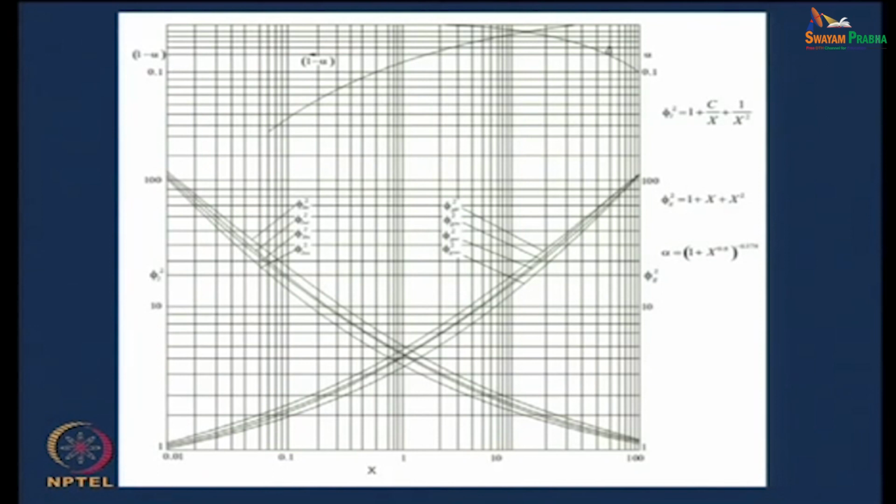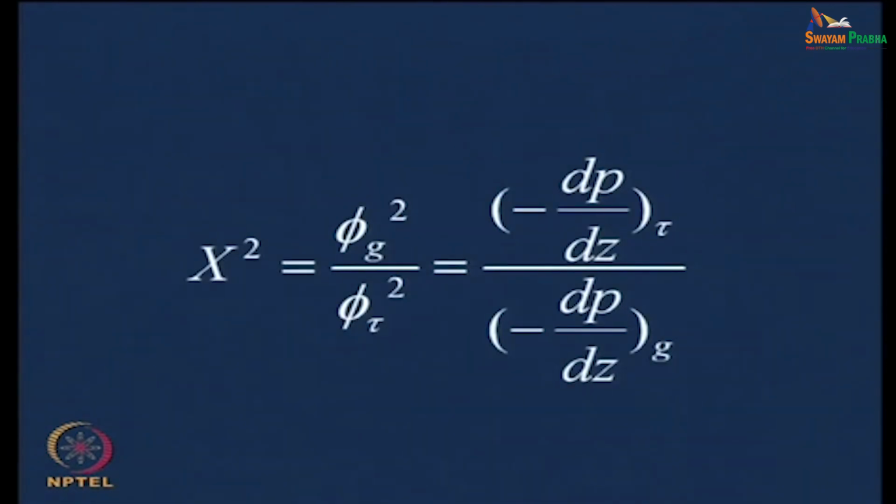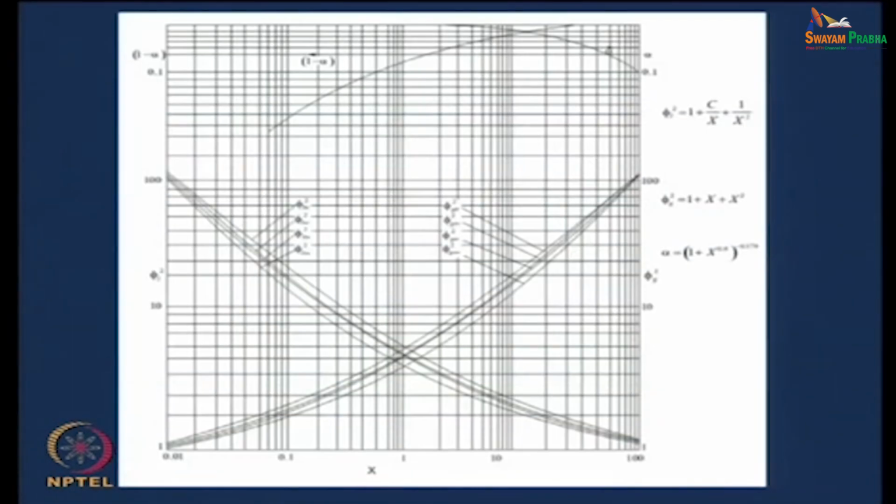But the only thing which we have to remember is that a number of workers have also found out that the two phase frictional multipliers, phi L square and phi g square, can be correlated uniquely as a function of this particular parameter x, okay, where x was defined in the way that I have already mentioned. This gives you a measure of the degree to which the two phase mixture behaves as a liquid rather than as a gas.